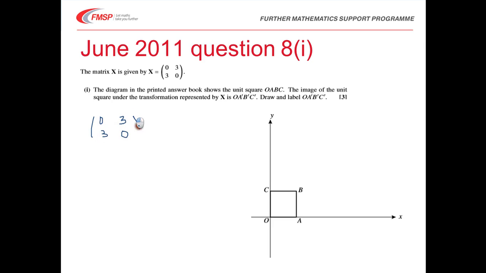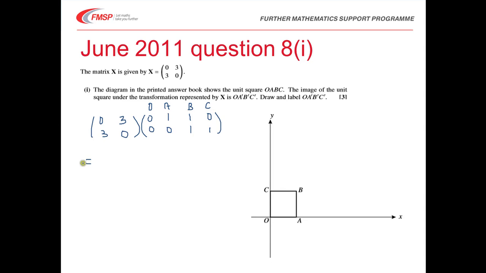Now the unit square is the origin, the point 1, 0, the point 1, 1, and the point 0, 1. And those are shown on our diagram. So this is O, this is A, this is B, and this is C. And what we have to do is to find the image of each of those points.